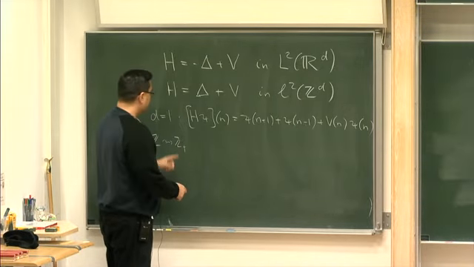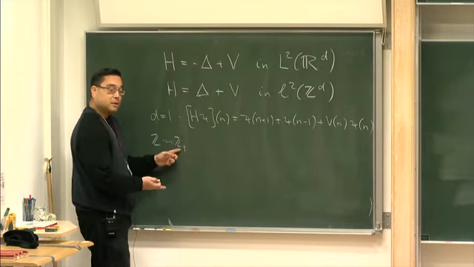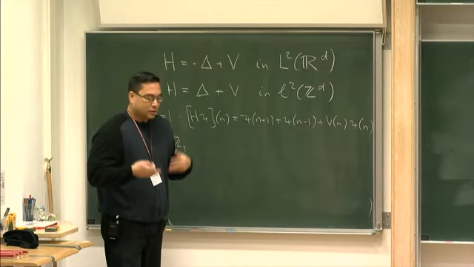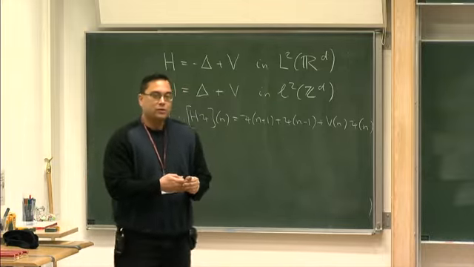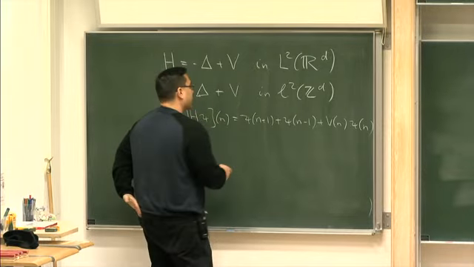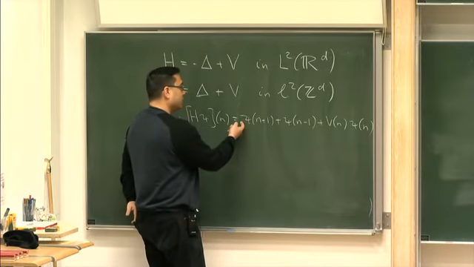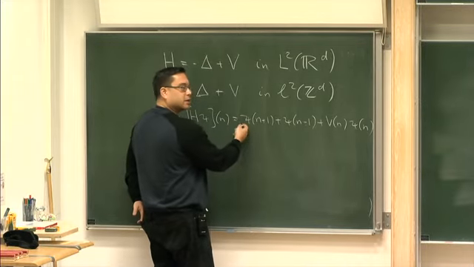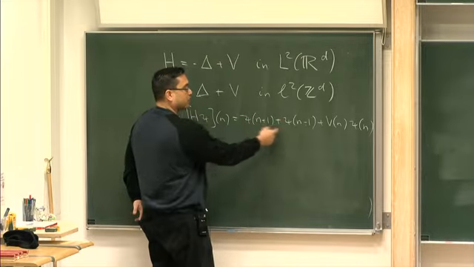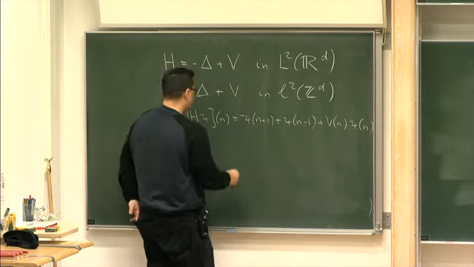So you have this object on L2 of Z plus. And then when you study it, you develop tools and so on and so forth. And as you do so, you actually realize that everything you do would work equally well if you were to put some coefficients here in a self-adjoint way. So if you put an an here, you want to put an minus 1 here.